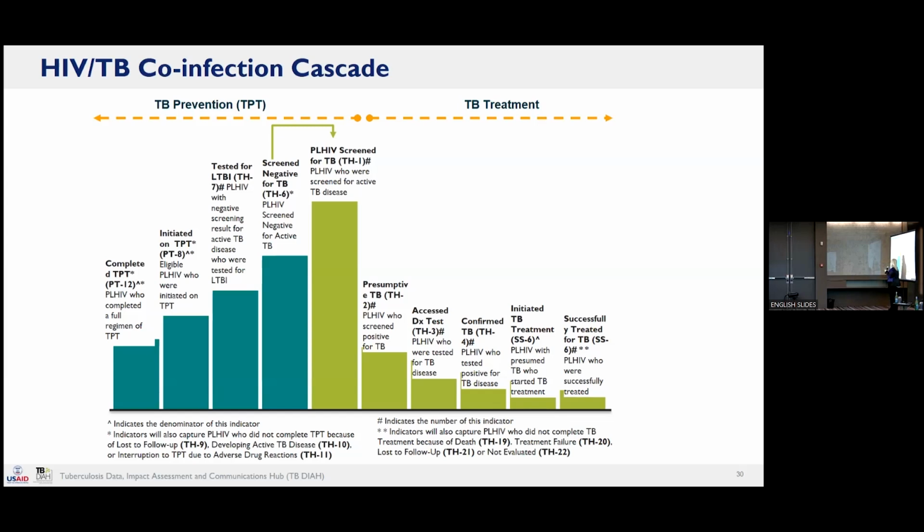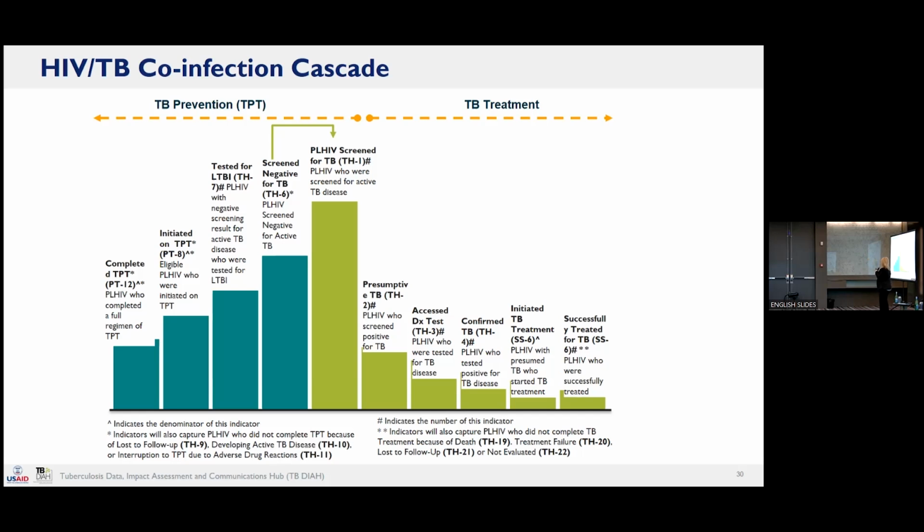They were both eligible and started. And then we have the number of those who have completed a full regimen of TPT. So we see here the full information about this co-infection in terms of the cascade of treatment as well as prevention.